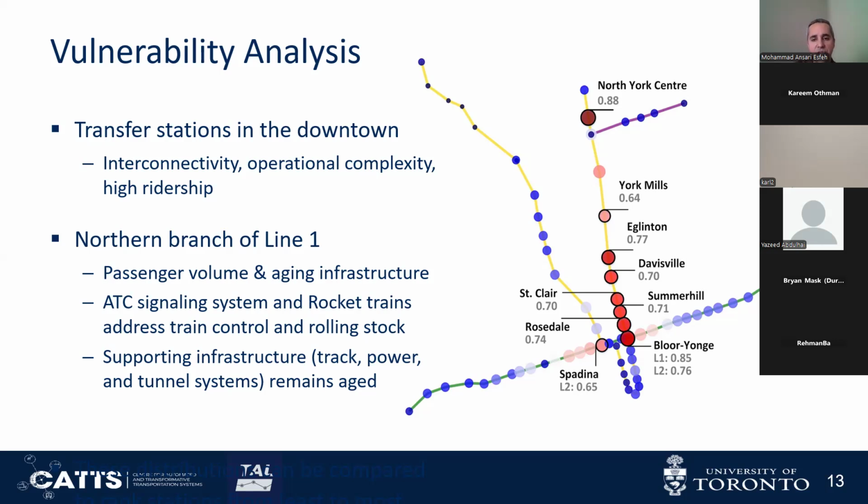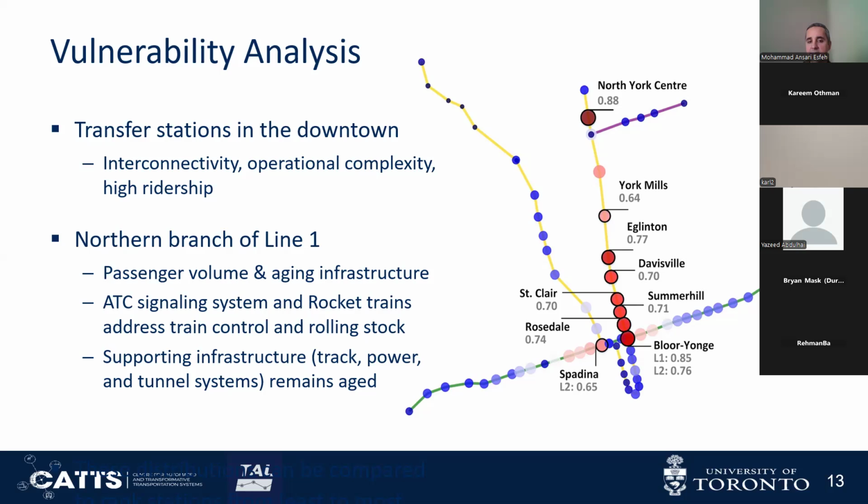The other cluster is the northern branch of line 1, roughly from Bloor-Yonge to North York Center. This part of the system is the oldest and the busiest section of line 1, and it makes these sections prone to both passenger-related and technical incidents.